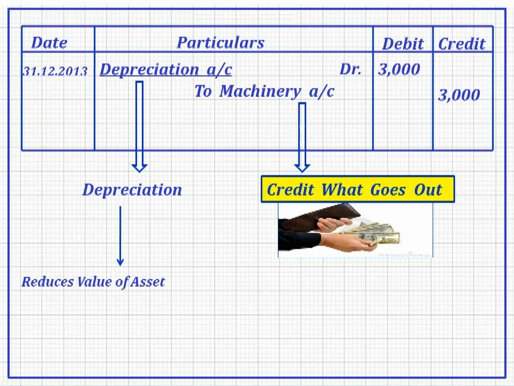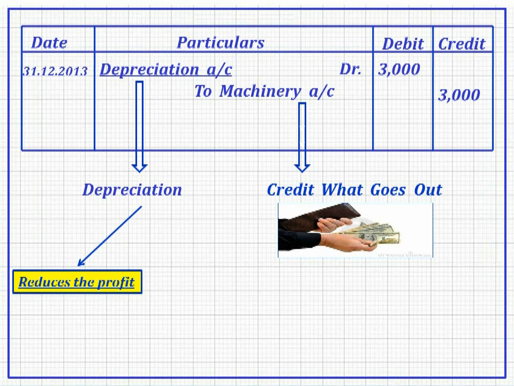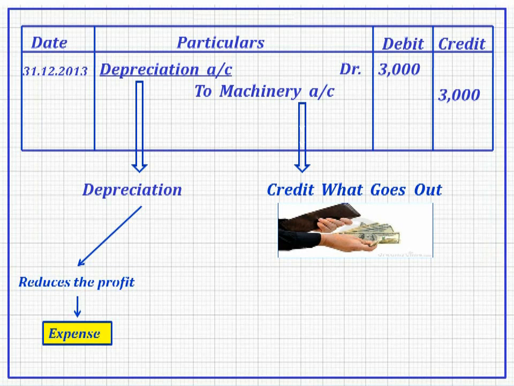Credit what goes out. Our machinery has not gone out, but our machinery has lost the value, because when we provide the depreciation, on one side the depreciation reduces our profit. The reason being, depreciation is our expense and expenses reduce our profits.